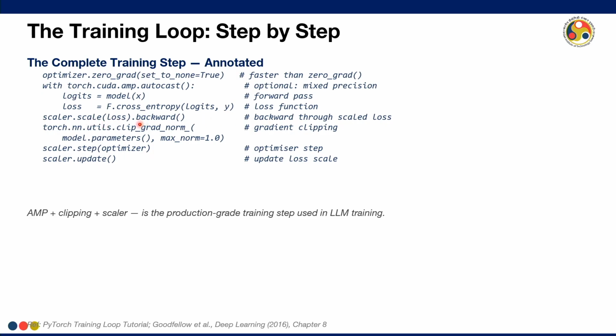Then we can do the backward pass, backward through the scaled loss, and then gradient clipping is usually done in modern LLM training pipelines, because there are many such stages that help resolve the vanishing gradient problem. We usually do the gradient clipping, and then the optimizer step will actually update the parameters, and then the loss scale will be updated.